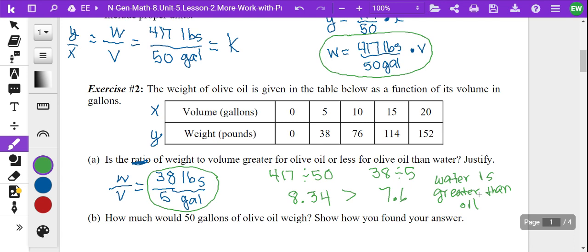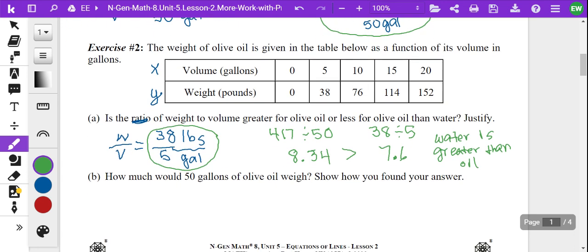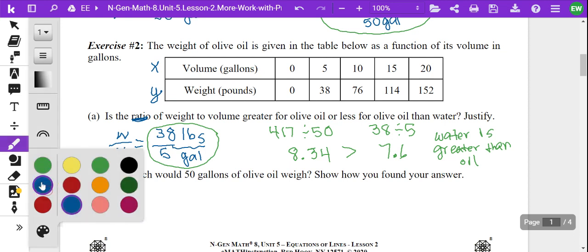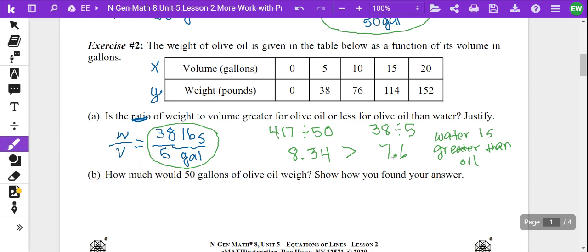Okay, let's keep going. How much would 50 gallons of olive oil weigh? We know how much 1 gallon of olive oil weighs, right? So 1 gallon equals 7.6 pounds. So what can we do to get 50?